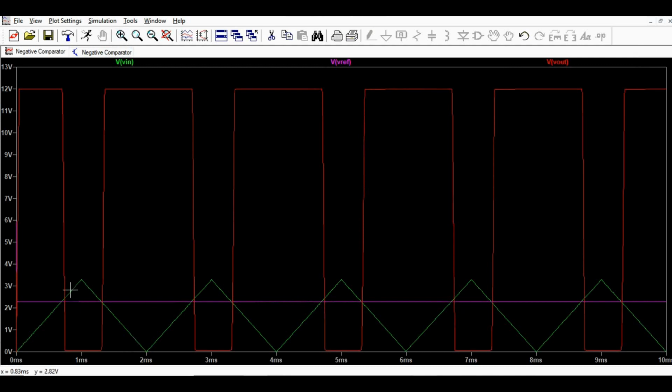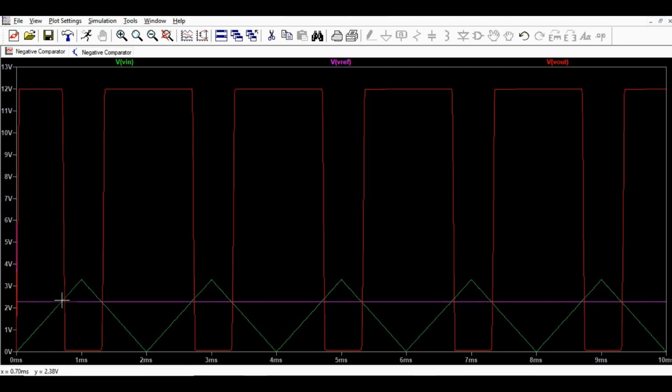Now you can see whenever your input signal is less than your V reference signal, at that point of time your output is high. You can see here for time period t equals 0 to here, your input signal is less than V reference, so your output signal is high, that means 12 volt.